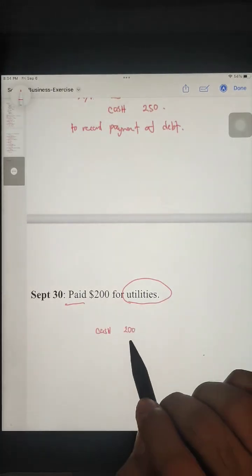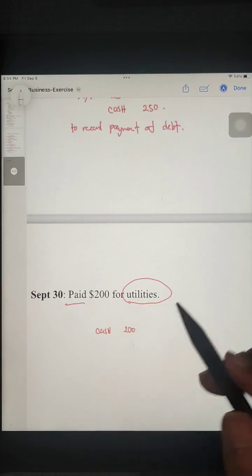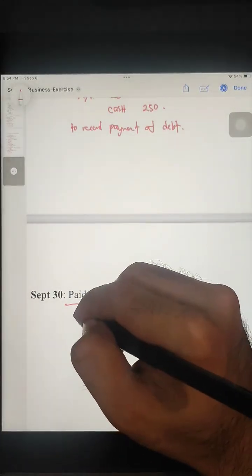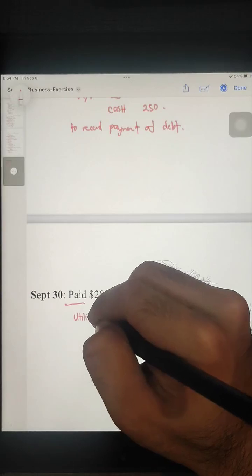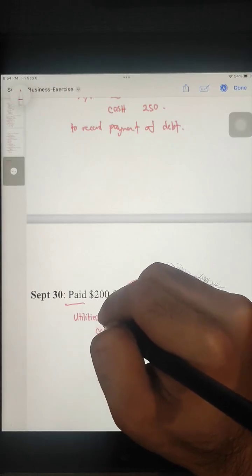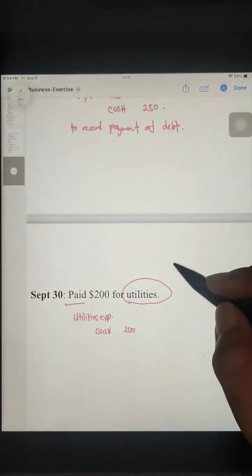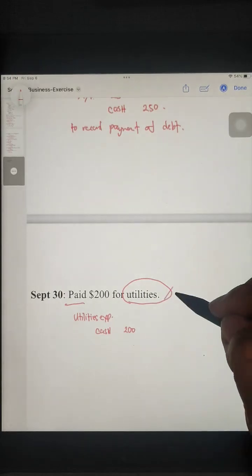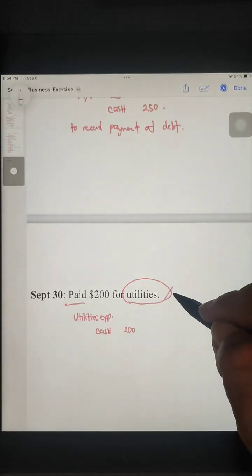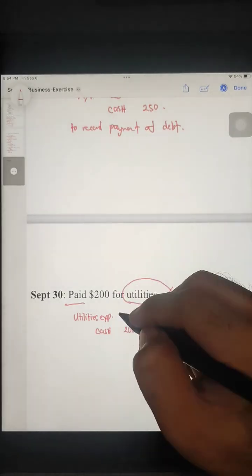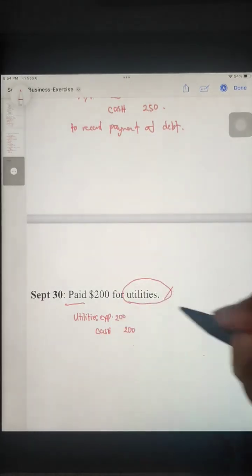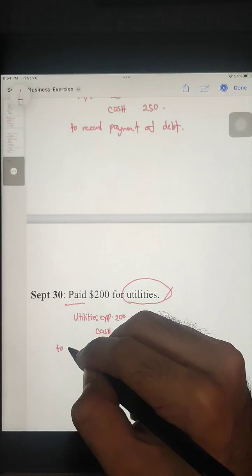And those 200 cash will be charged to utilities expense. Nadagdagan yung expense natin in relation to utilities, and since this is an expense, an increase should be debited. To record payment for utilities.